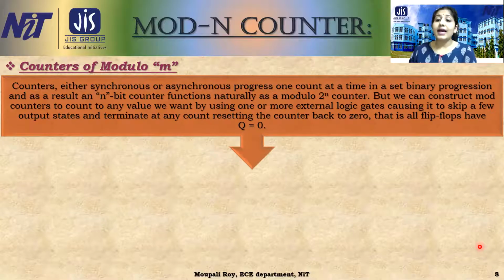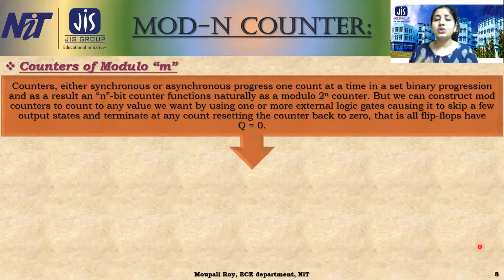But we can construct a mod counter to count any value we want, using one or more external logic gates, causing it to skip a few output states and terminate at any count, resetting the counter back to 0. That means that all flip-flops have Q equal to 0.